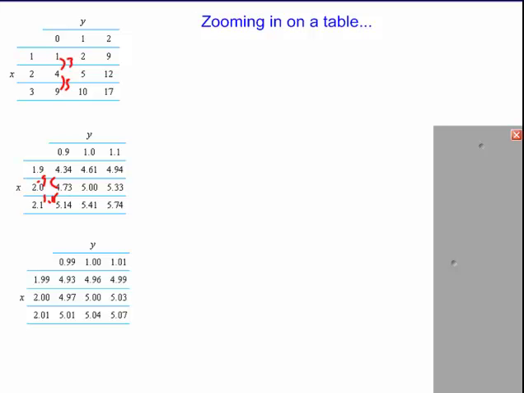And then if we zoom in on the table even more, so now we're going up by 0.01, we notice that we're incrementing by 0.06, 0.06. So we've got a consistent, and that's not 0.06, that's 0.04. So we're incrementing by a consistent amount in all directions.